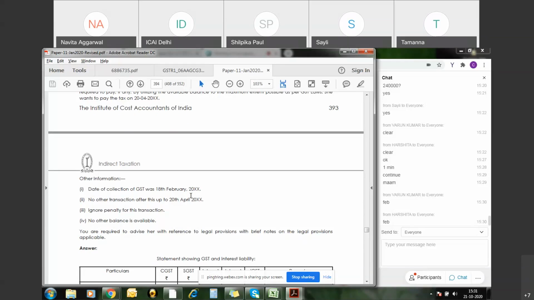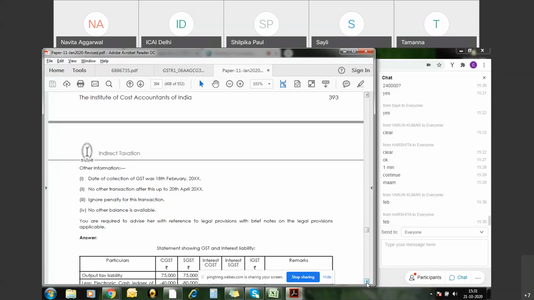Hope you must have gone through these clauses in the earlier part of the chapter. Interest is computed from the due date till the tax liability is actually paid. That is why the date of collection of the GST was given as 18th February 2020. No other transaction after this, up to 20th April, has been made.